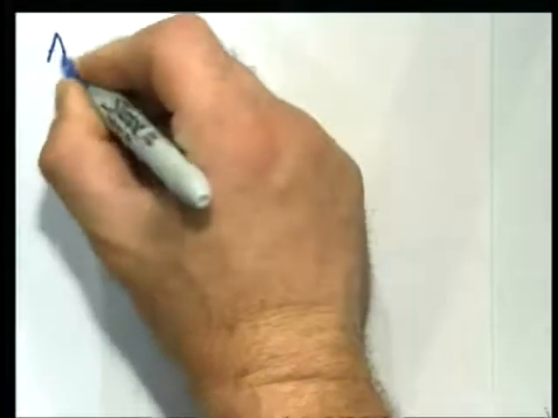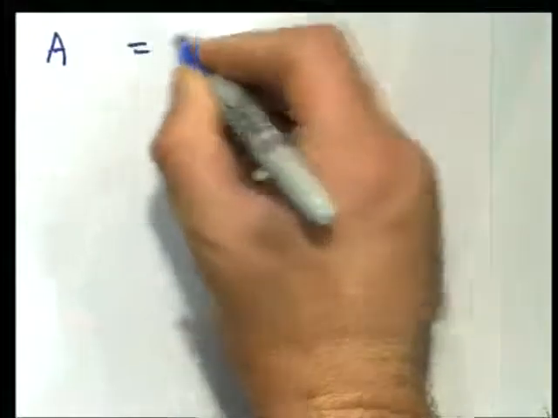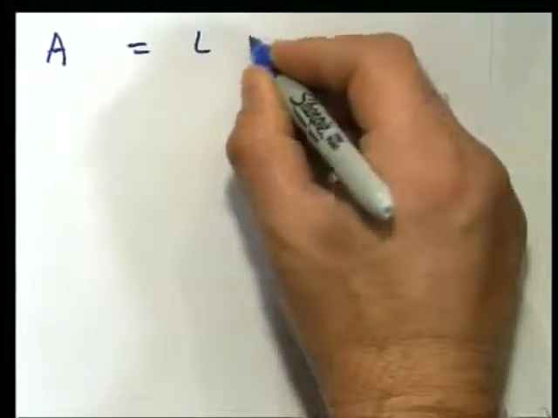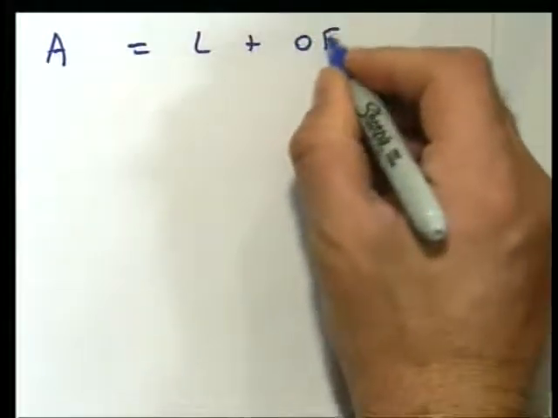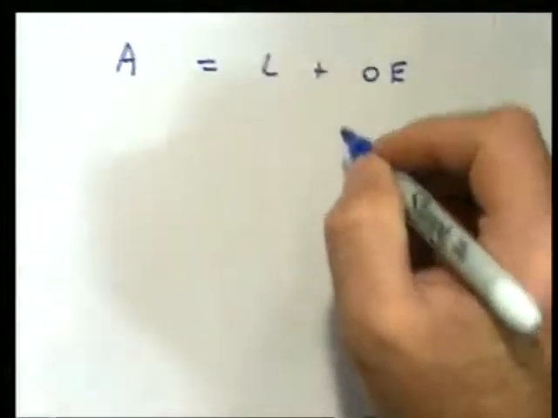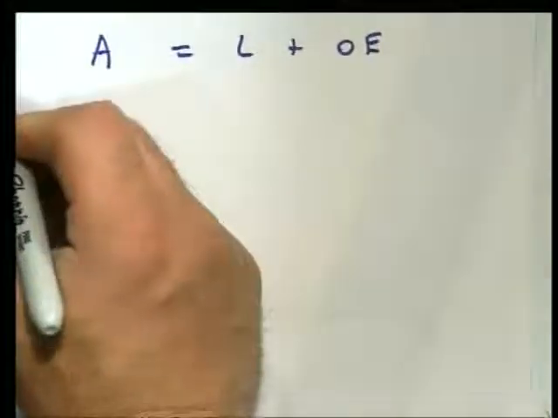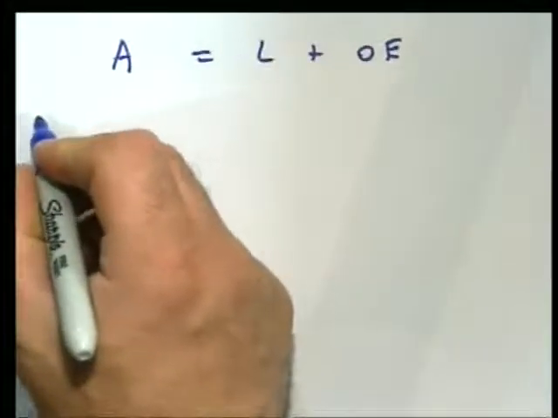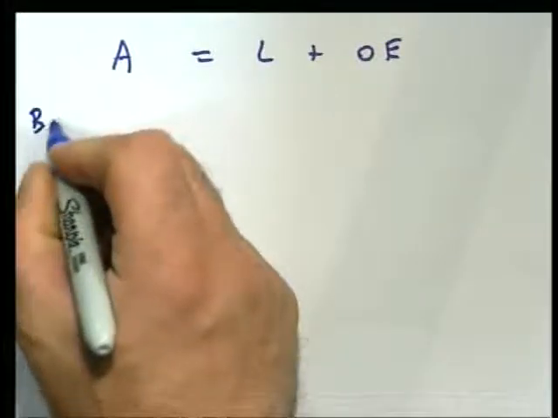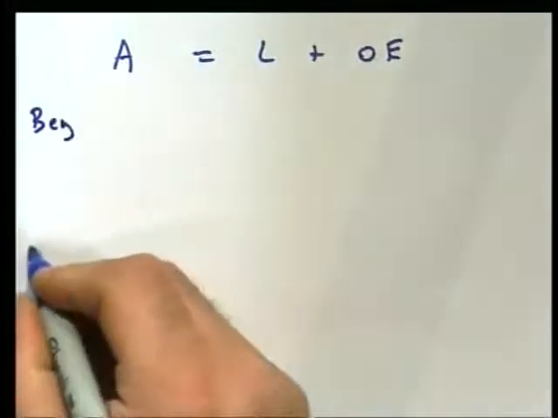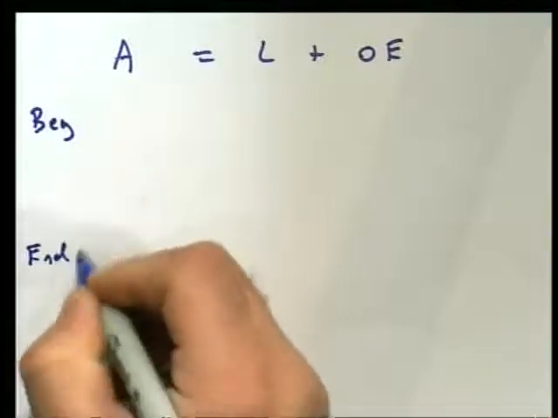Okay? All right. We know that assets equals liabilities plus owner's equity, correct? And we know that this has to be true for the beginning of the year and at the end of the year.